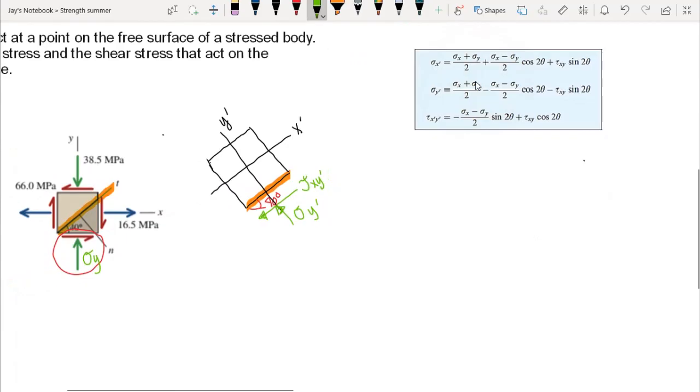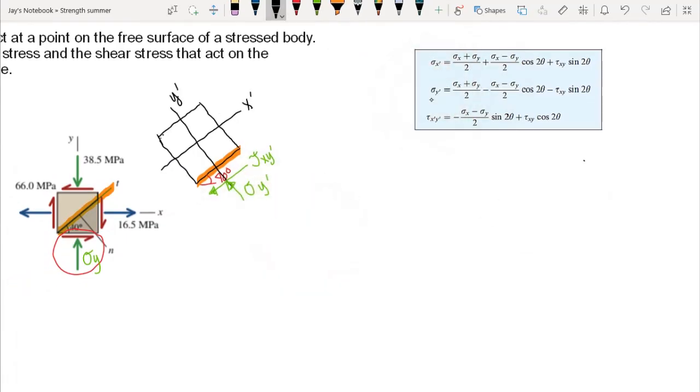Now, since we are asked for sigma y prime, then we have the second equation. So we have our sigma y prime, which is equal to sigma x plus sigma y over 2, minus sigma x minus sigma y over 2 cosine of 2 theta, minus shear stress xy sine of 2 theta.